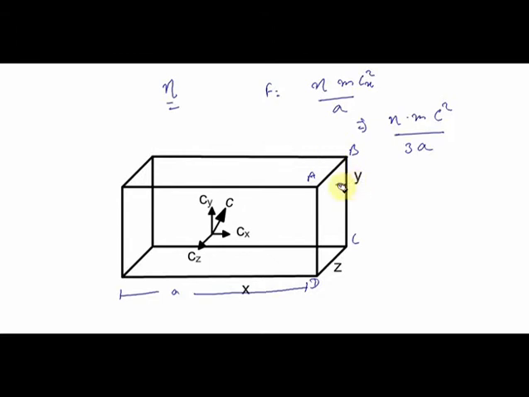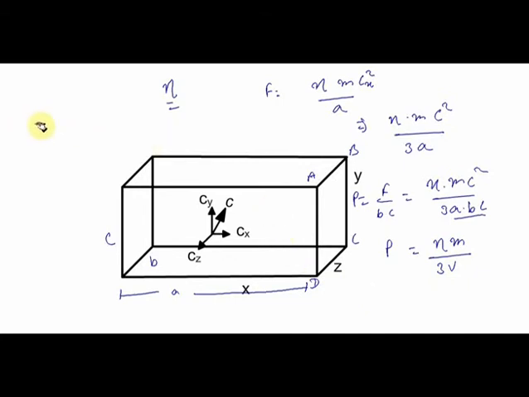So the average pressure exerted by the gas molecules on the wall ABCD would be force by area of this wall, that is b into c, where b is the width of the container and c is the height. So we can write pressure is equal to force, that is N m C square by 3, into bc. Now abc is nothing but the volume of the container, so we can write pressure is equal to N m C square by 3V.